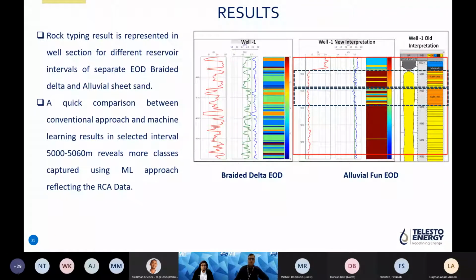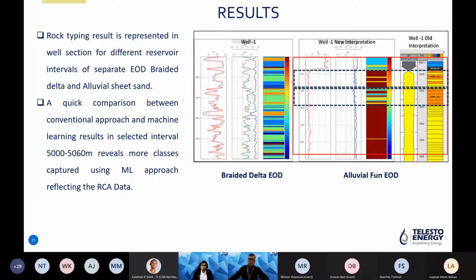So now we have to plot the facies. What you see here on the right hand side is the rock typing that was done using a conventional approach, and how does that compare with the approach that we have adopted. Please note that the colors are not exactly the same.